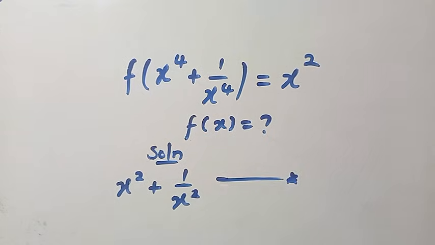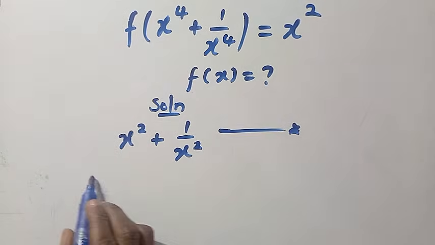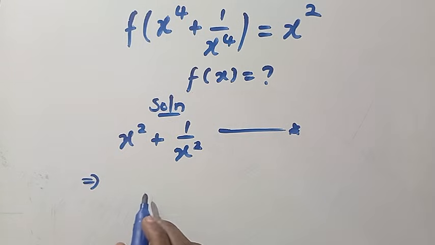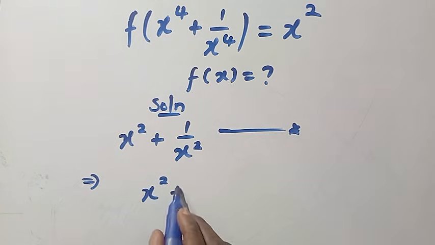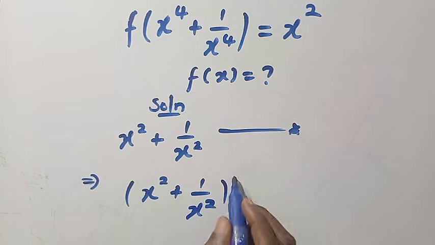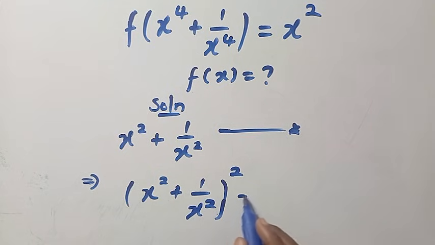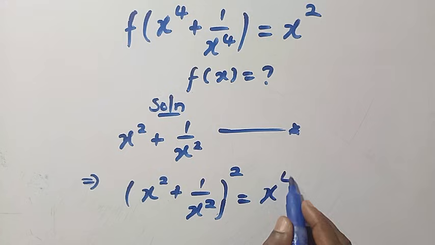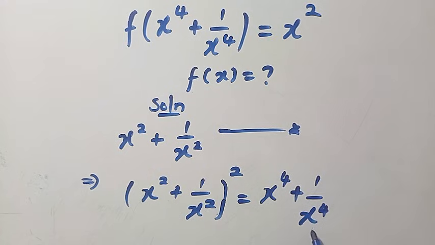Note that if I take the square of x squared plus 1 divided by x squared, we are going to have x to the power of 4 plus 1 divided by x to the power of 4, then plus 2.